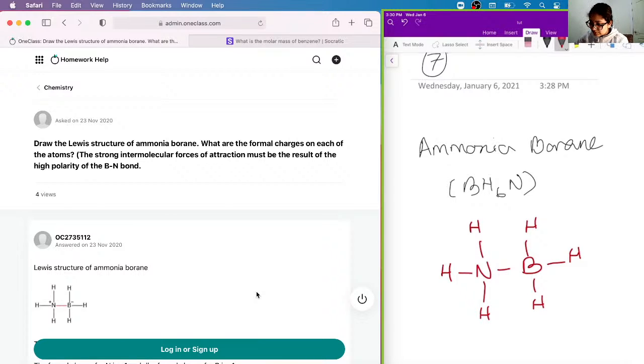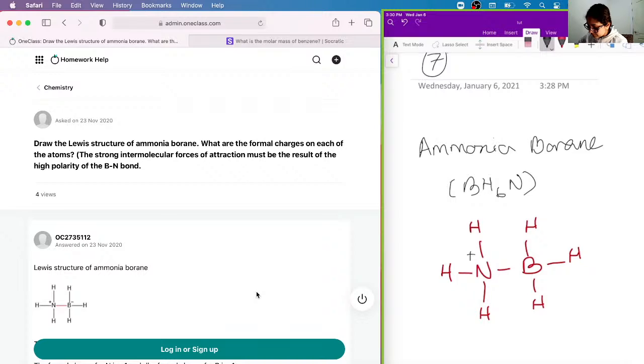Okay, so we can see that nitrogen is making 4 bonds. Nitrogen, since it has 5 valence electrons, normally forms 3 bonds, and here it doesn't really obey the usual bonding. And so in this case, our nitrogen has 4 bonds, so it would have a plus.